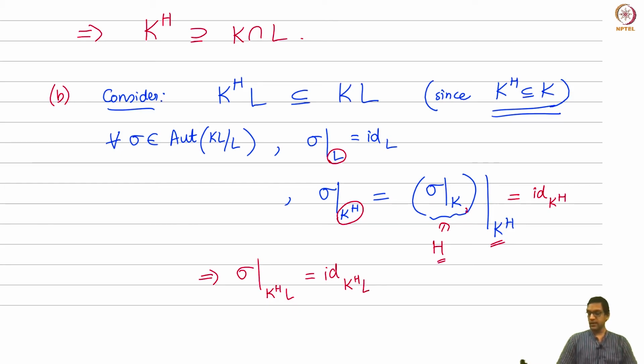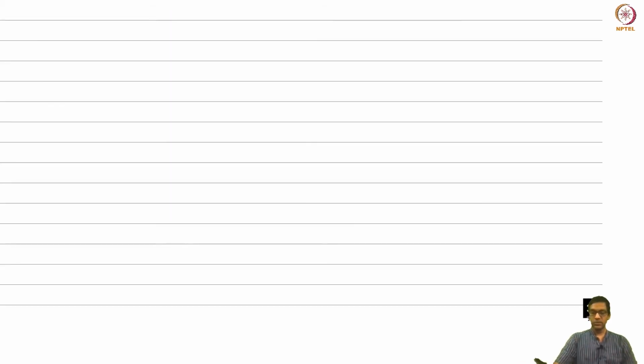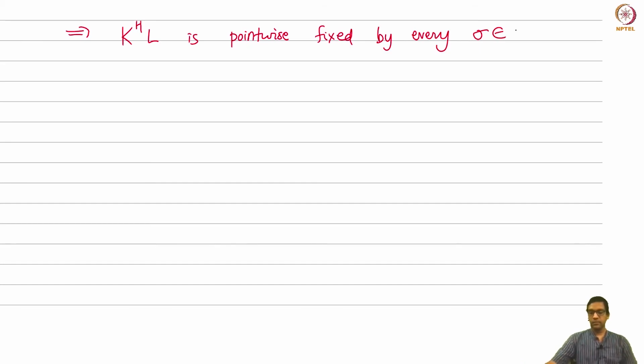This says that every element here in the Galois group of KL over L also fixes K^H L. So this means that K^H L is pointwise fixed by every element of the Galois group of KL over L.